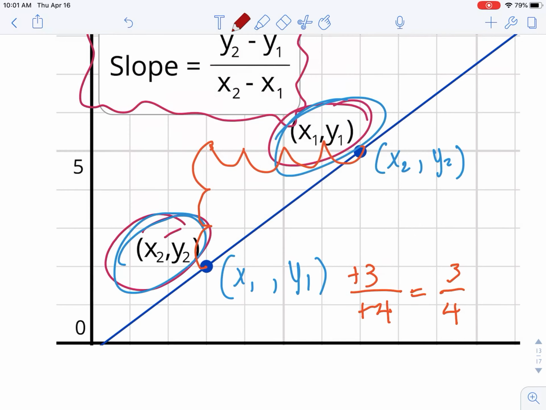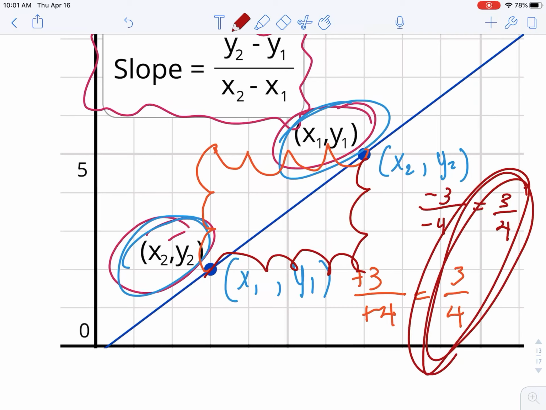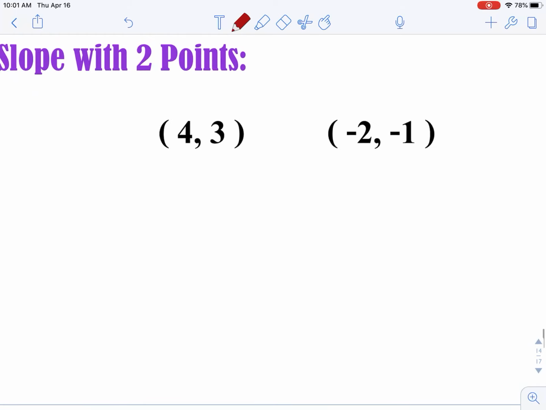But had I chosen this to be my first one and this to be my second one, I go down 1, 2, 3, so down 3 and to the left 4. Negative divided by negative is a positive, so it's positive 3/4. So no matter what, I still get the same answer. That's the opposite slope.